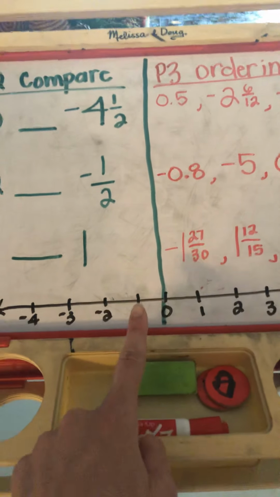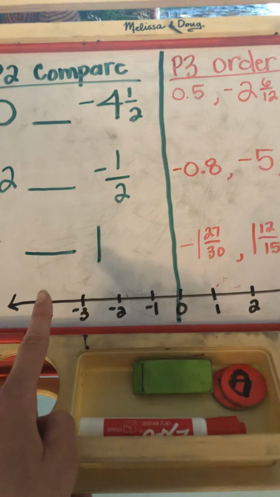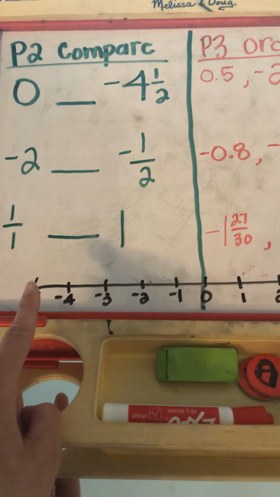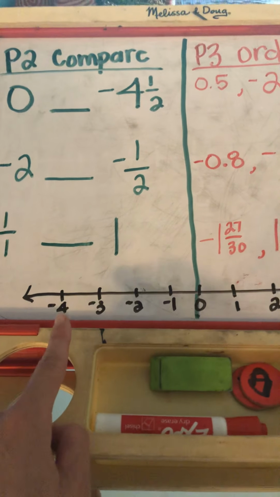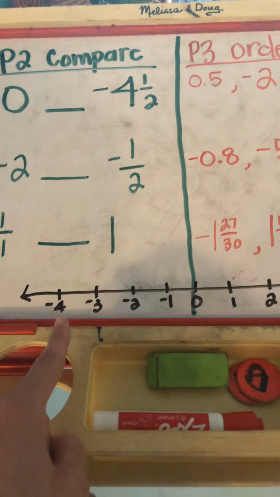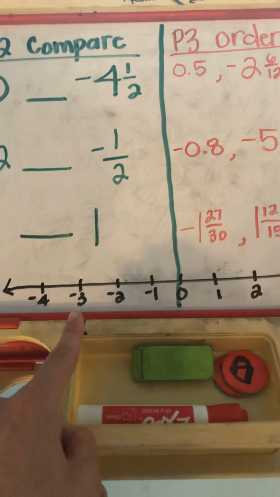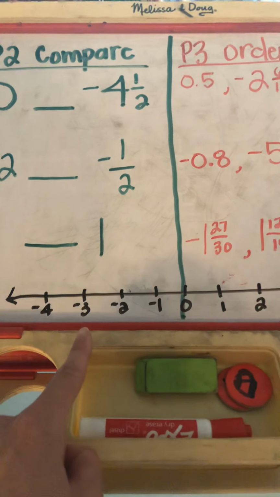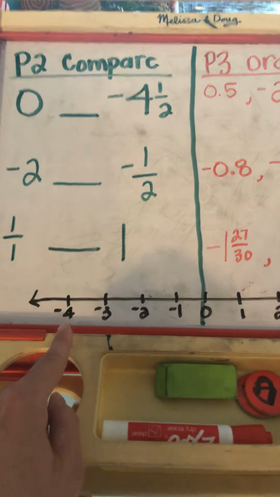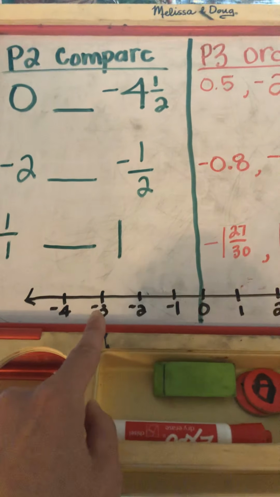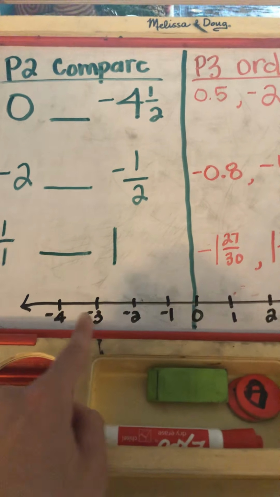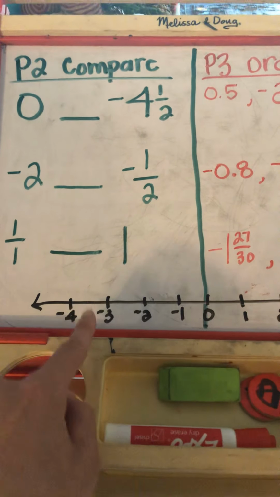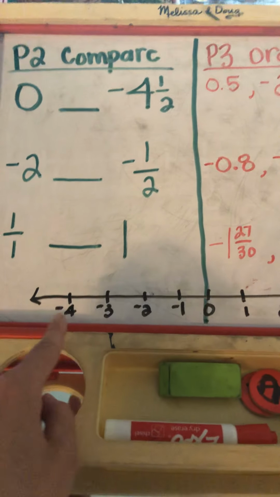So the further away from 0 we get, the smaller the number is. -4 is smaller, is less than -3, okay? That's like saying you owe $4, or if you owe $3. $4, you would owe the most, right?